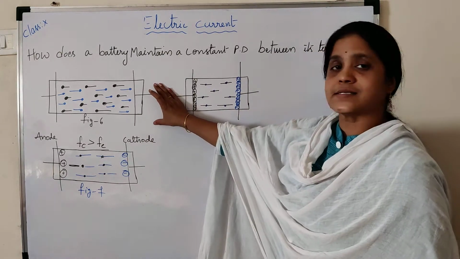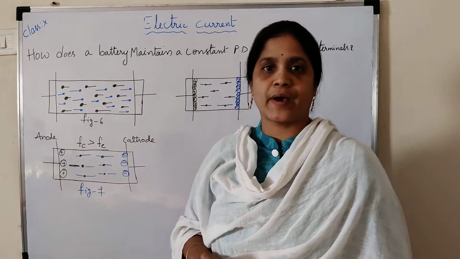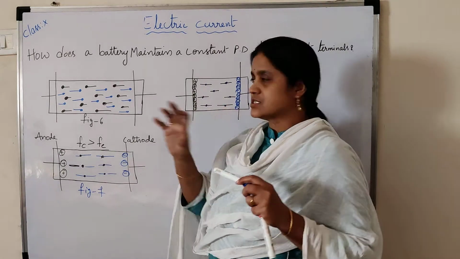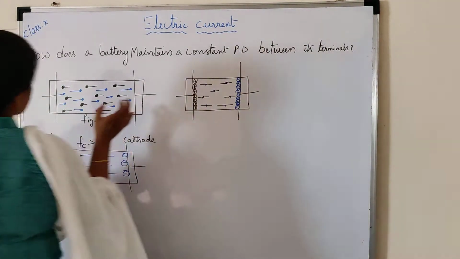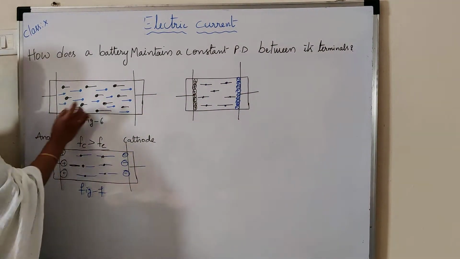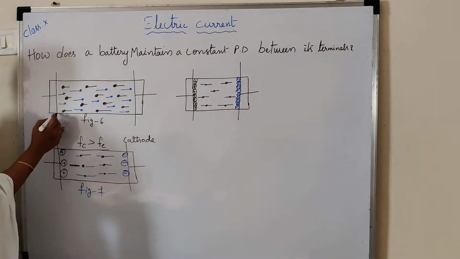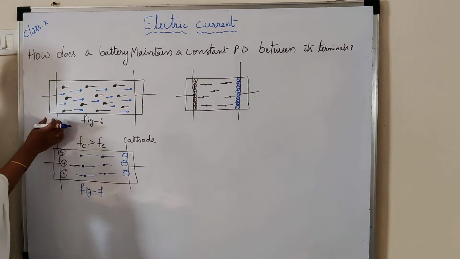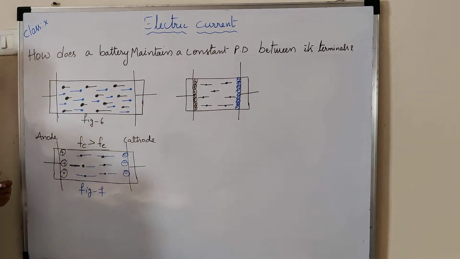See, this is initially the preparation of a battery. They take a rectangular shape, and outside they fix two electrodes. Electrodes means one is the anode and the other is the cathode.